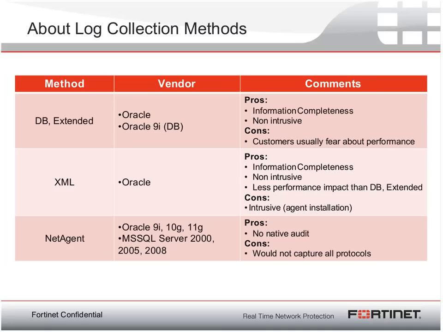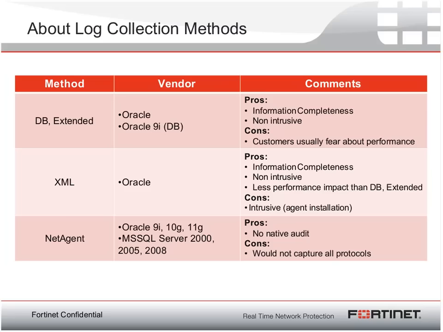The other method that has less performance impact than the DB extended is the XML. It's basically formatting this output in an XML file. This is considered a less intrusive operation than the DB auditing. So it's native, and to some extent non-intrusive.